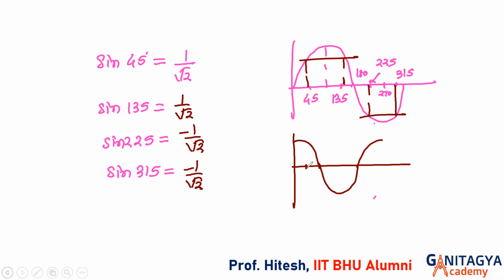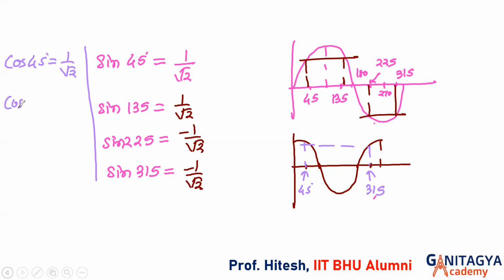So this is 45 because it is 90 and this is 315. तो क्या लिखेंगे, this is 45 and this is which one, 315. सो दोनों का वैल्यू कितना है 1/√2, दोनों सेम आएगा. सो cos, let me write here, so cos 45 is 1/√2. ठीक है, and cos 315 is 1/√2.